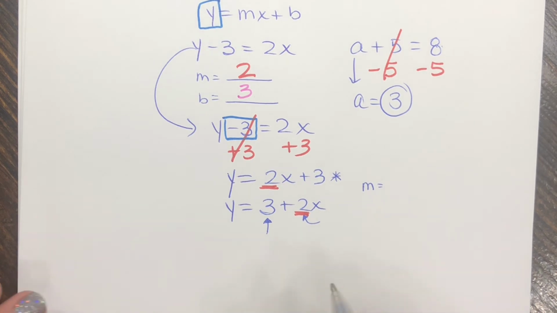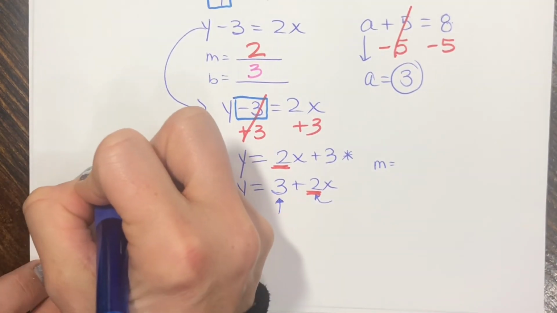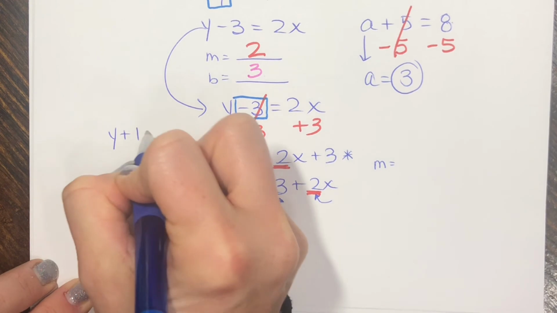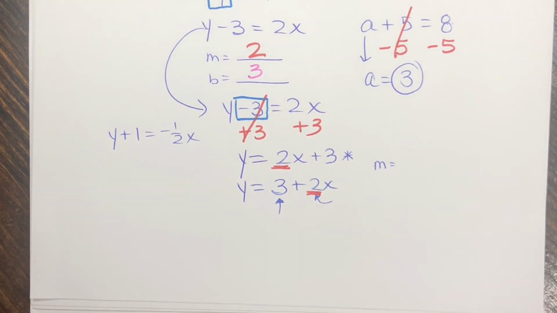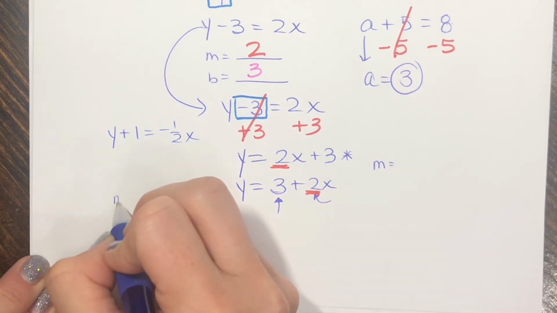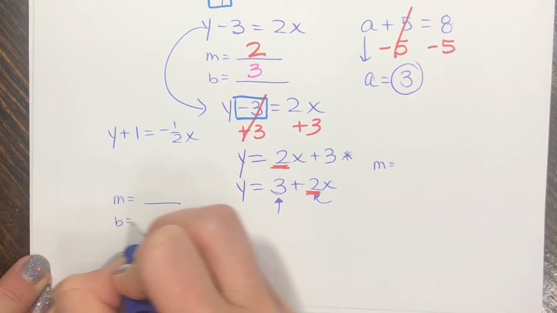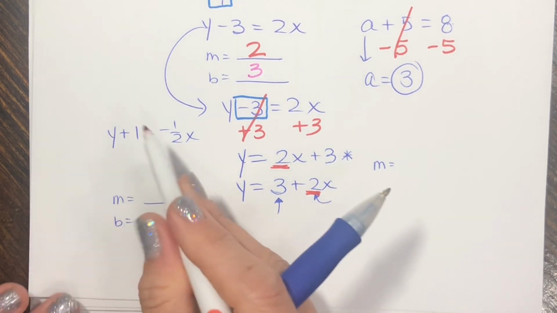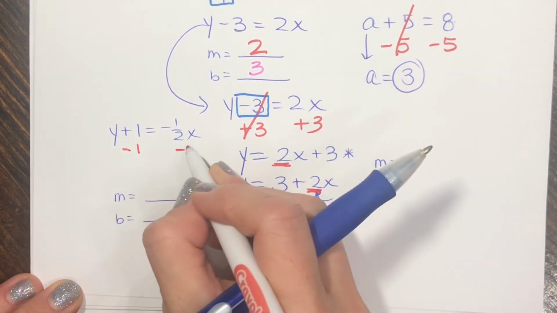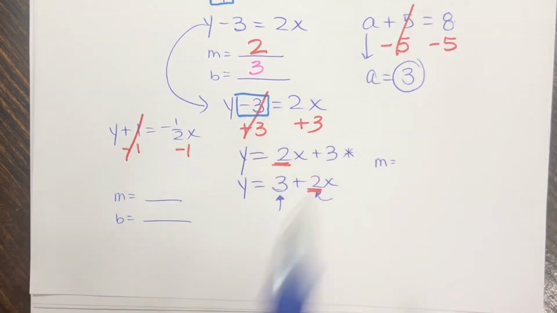So if I were to say y plus 1 is equal to -1/2 x, and ask you what is the slope and what is the y-intercept, hopefully you would remember, oop, it's not in slope-intercept form. So let me just do that real quick. Let me cancel that out.